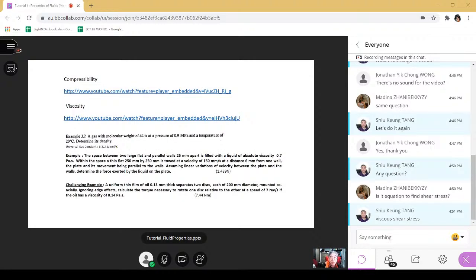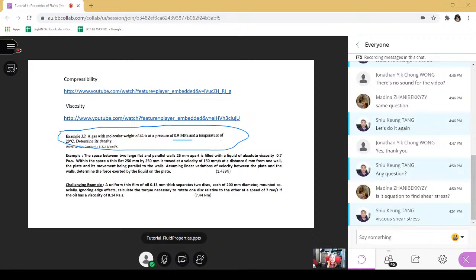In the first question, you are told that there is a gas, and the molecular weight is 44 gram. Molecular weight means the weight of 1 mole of gas. 1 mole of gas contains a fixed amount of molecules. So the weight is 44 gram, and the pressure of the gas is 0.9 megapascal.